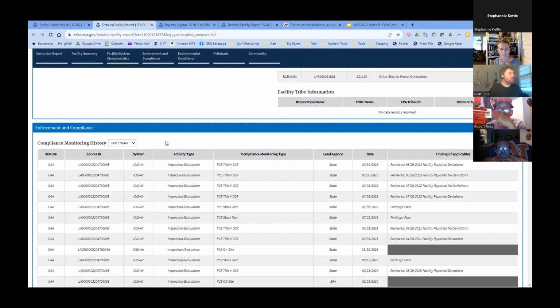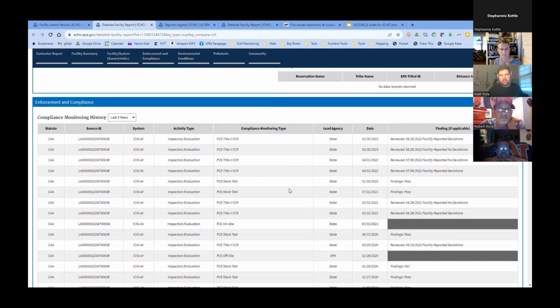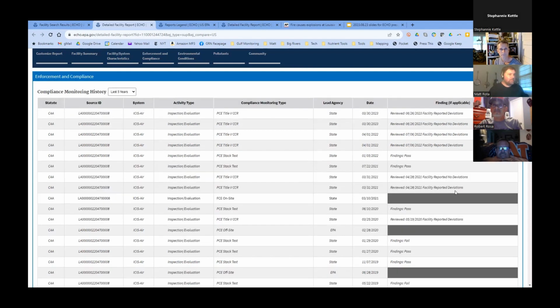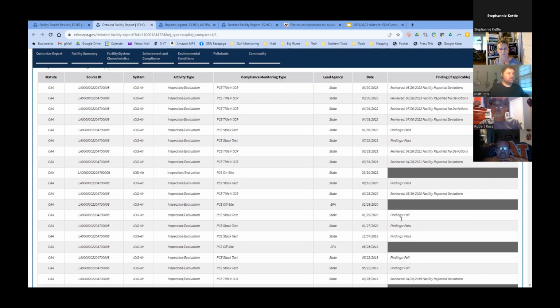But another thing to look at is the enforcement and compliance. Again, most facilities I look at have a few entries, if at all. But you can see, once again, this Dow facility in Plaquemines has been a chronic compliance issue. As you can see, the findings: facility reported deviations, they failed.